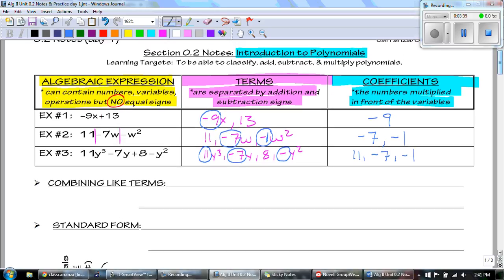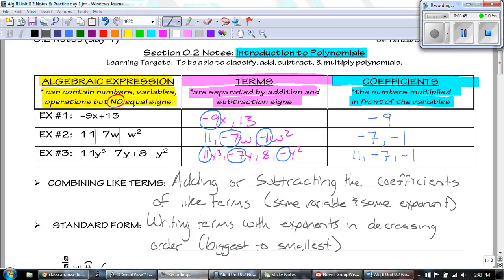So here we go. Let's get started with these definitions. With combining like terms, that's when we are adding or subtracting the coefficients of like terms. Like terms means the same variable and the same exponent.